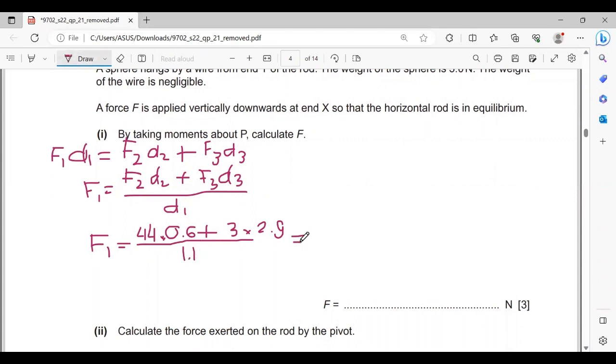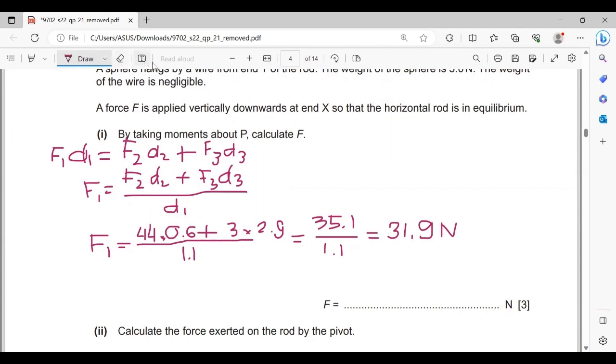Let's calculate 44 times 0.6, plus 3 times 2.9, this is 35.1, over 1.1, which equals 31.9 newtons.